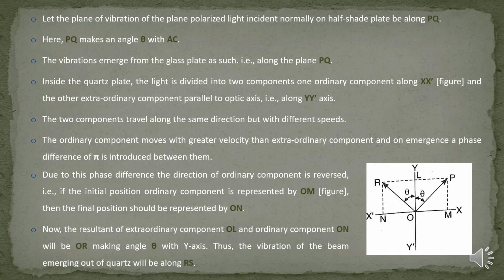Now, the resultant of the extraordinary component OL, as shown in the figure, and the ordinary component ON will be OR, making an angle theta with the y-axis. Thus, the vibration of the beam emerging out of quartz will be along RS.